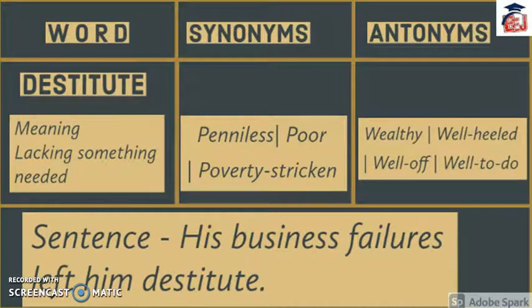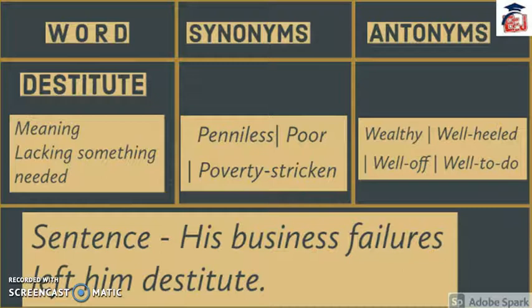Destitute. Destitute means lacking something needed. That means if we want something and we don't get the same thing on time, that is called destitute. Penniless, poor, poverty stricken are the synonyms of this word. Now let's look at the antonyms. Wealthy, well-heeled, well-off, well-to-do.